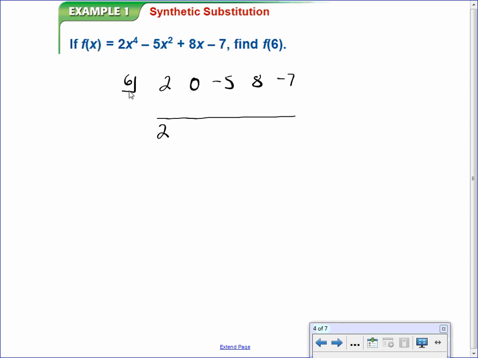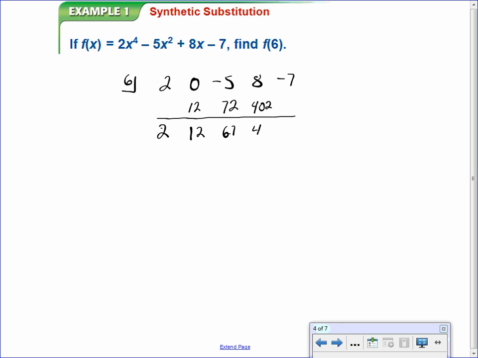Drop down your 2, multiply these two together and put your answer here. Add, multiply these two together and put your answer here. Add these together. Let's see, that's going to be 67. 6 times 67 is 402.